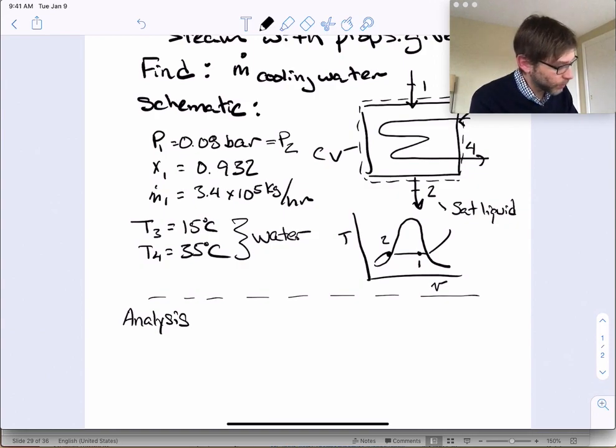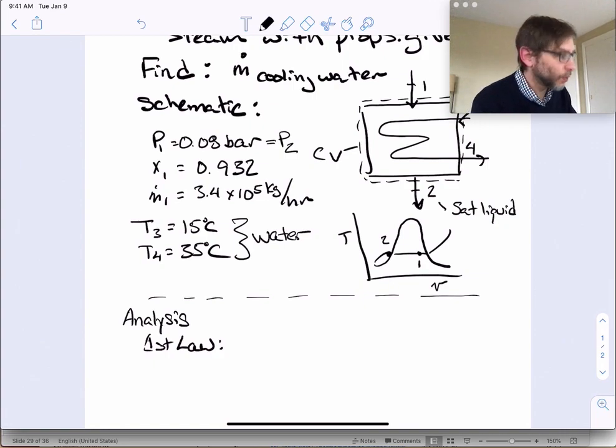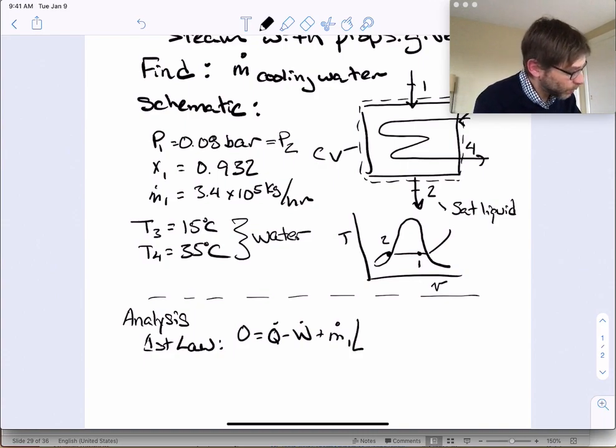Let's look at the first law. Essentially, we're going to go 0 equals Q dot minus W dot plus m dot 1 times (h1 minus h2), because the mass flow is not changing.